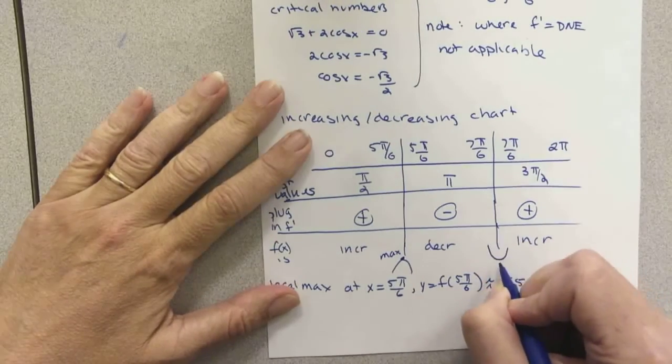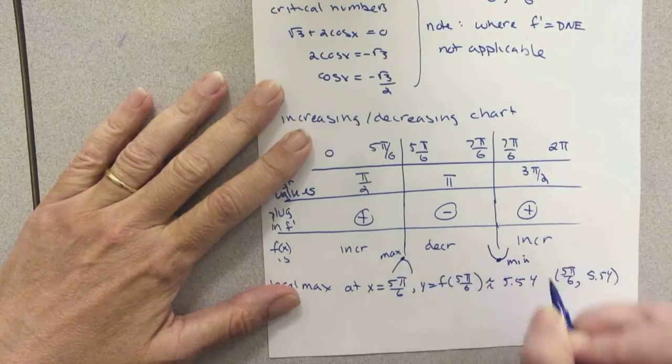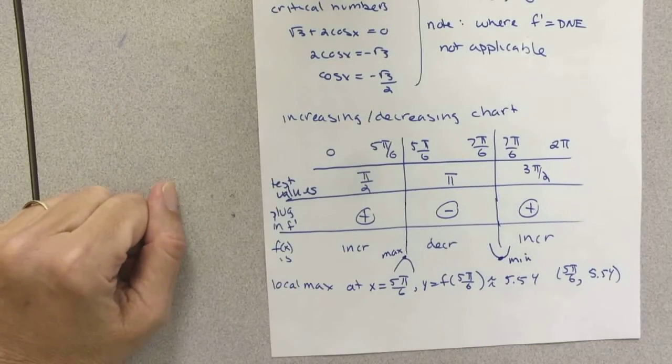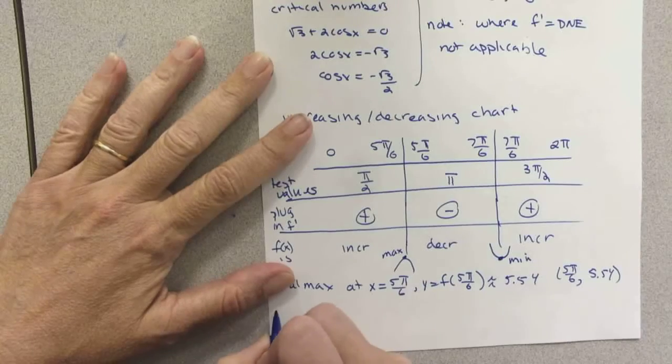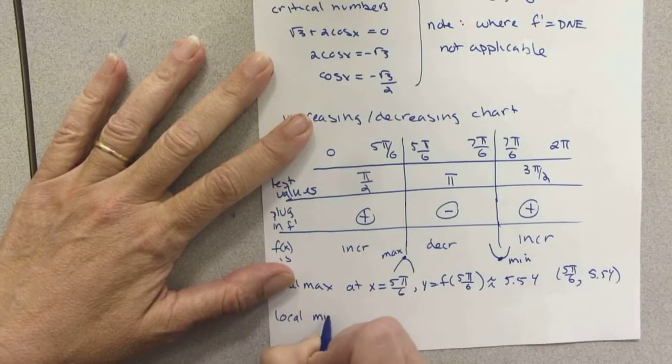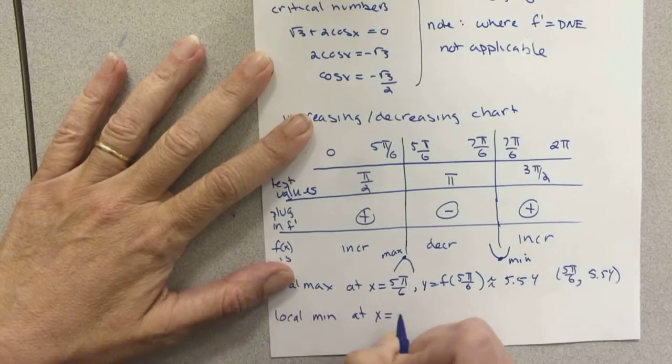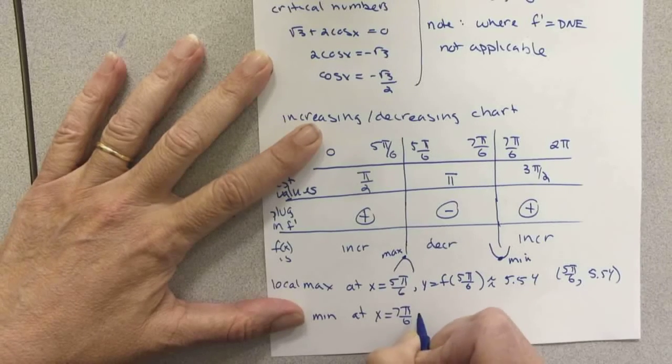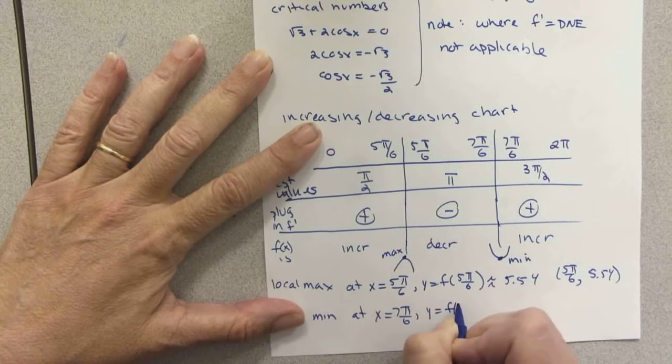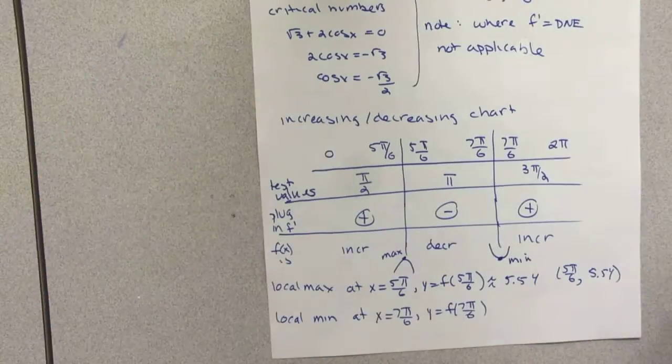Here I change from increasing to decreasing, or my first derivative changes from negative to positive, so I have to have a local minimum at x equals 7 pi over 6, y equal f of 7 pi over 6.